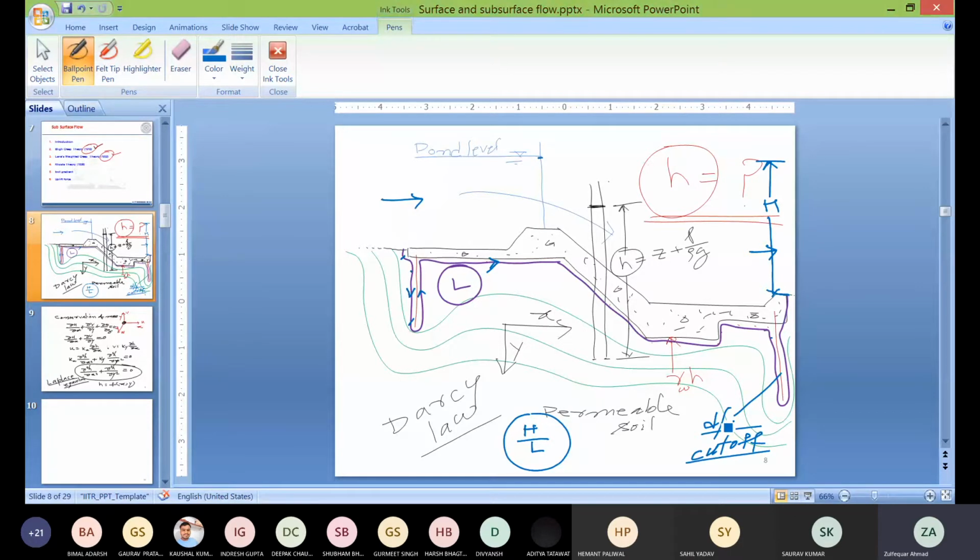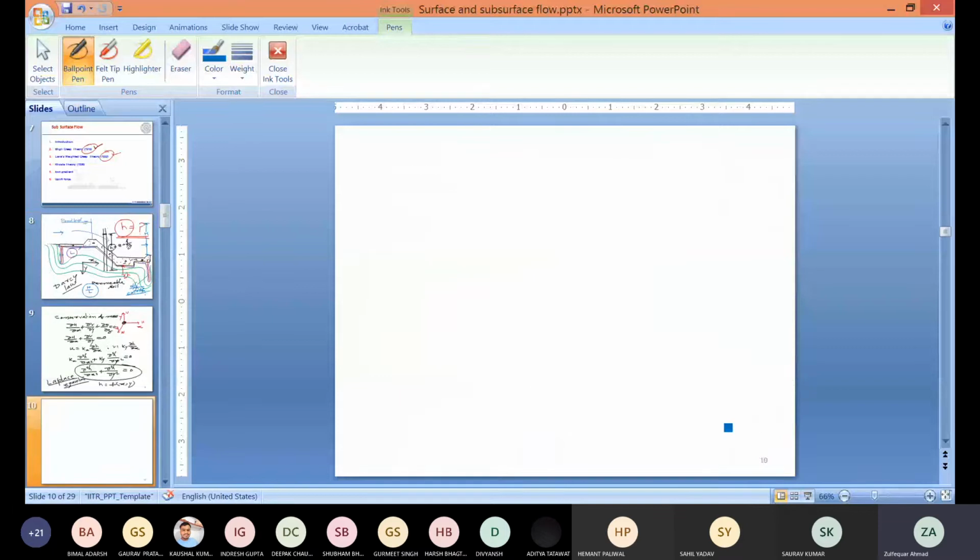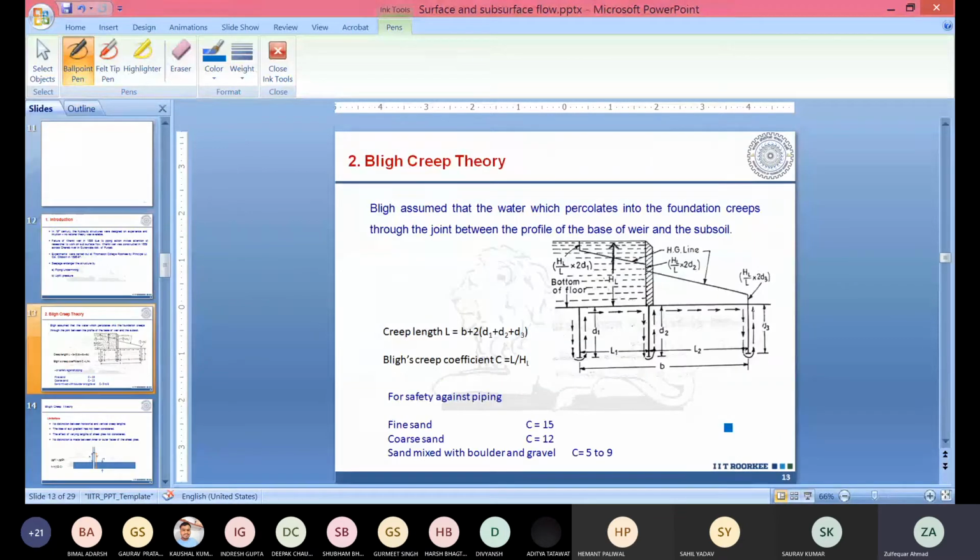So the creep theory is this. Based on that, the coefficient defined by Bligh is the so-called Bligh creep coefficient, and it is equal to L by H. Let me tell you here: the Bligh creep coefficient C is equal to L by H. If you are reading the book by S.K. Garg, there is a correction here. In S.K. Garg, L is given only up to this point, which is wrong.